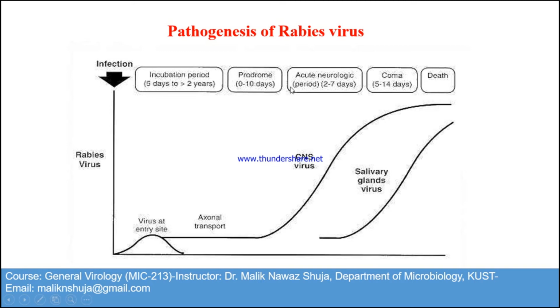From that acute stage, it finally enters into the coma stage, and the coma stage may be 4 days, maybe 5 days, maybe 2 weeks, and then there are minimum chances that the patient recovers from the coma stage, because these are considered the last stages.